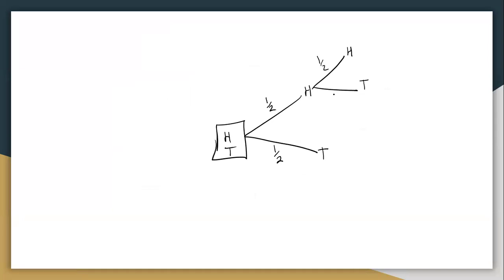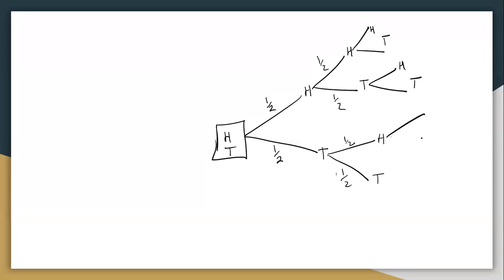So still this is a half, this is a half. Still even here, this will be a head and a tail. So this will be a half and this will be a half. When I continue at this branch, I can have a head, I can have a tail. When I continue here, I can have a head and a tail. When I continue here, I can have a head and a tail. I can have a tail and a head. That is okay, gift.